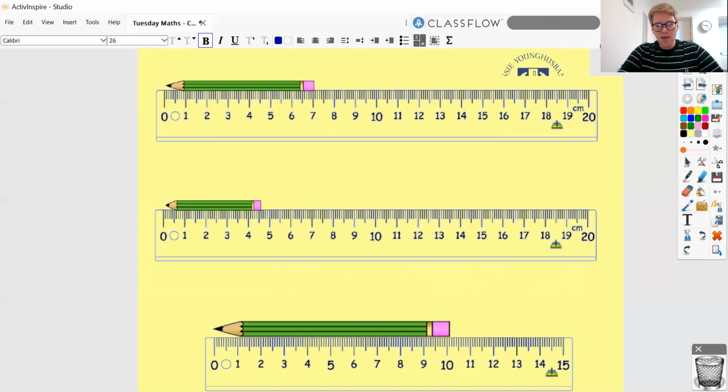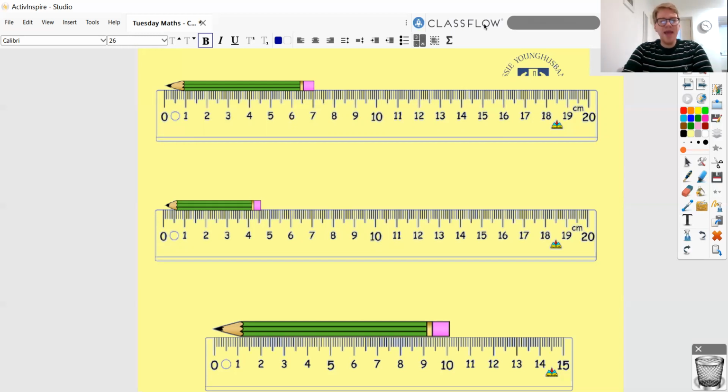And I wonder if, in mum or dad's toolbox at home, you might have a tape measure. So maybe if you don't have a ruler, you might have a measure that you would use for building, in the toolbox at home. So if you haven't got a ruler to hand, maybe have a hunt for one of those at home. That would be really handy for you.